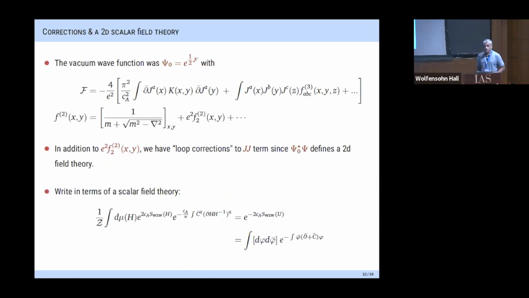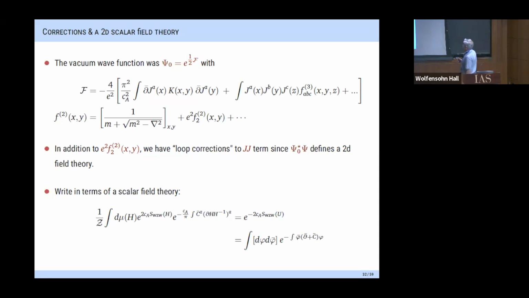So the first strategy is, we have to have some simpler method of calculating with this action, or the 2D field theory that would arise from psi star psi. To do that, here's what I'm going to do. Notice that we have powers of this current that I call J. There is a cubic term, there is a quartic term, and so on.